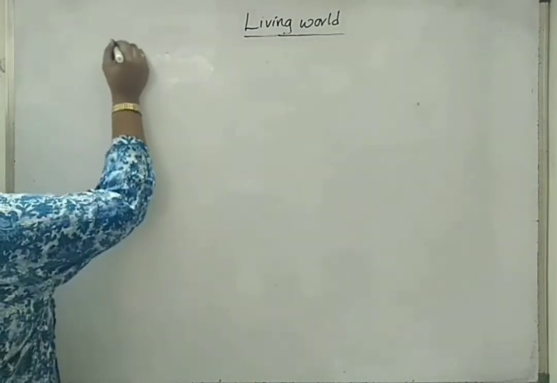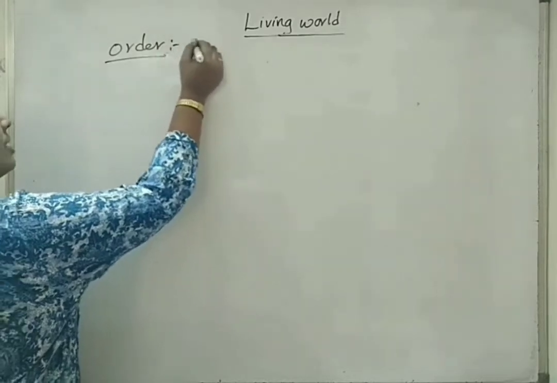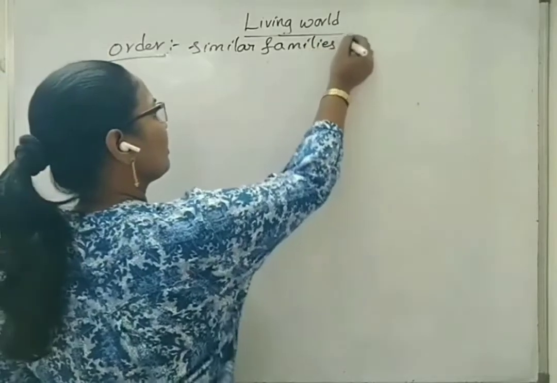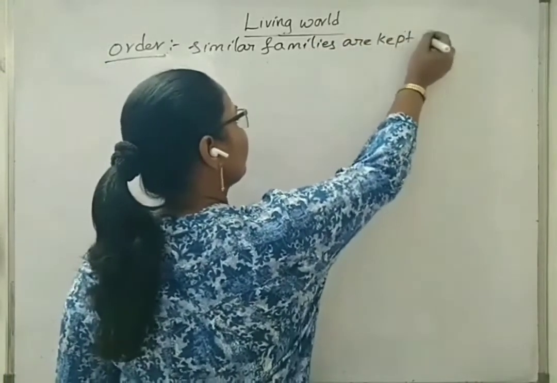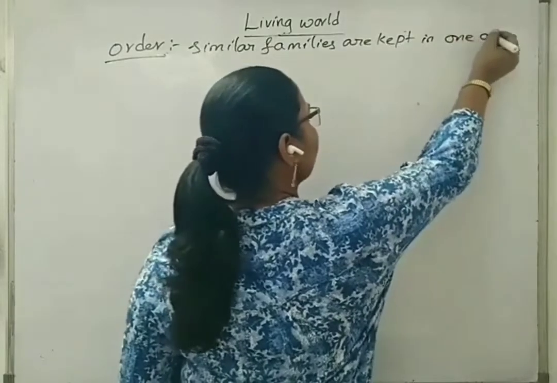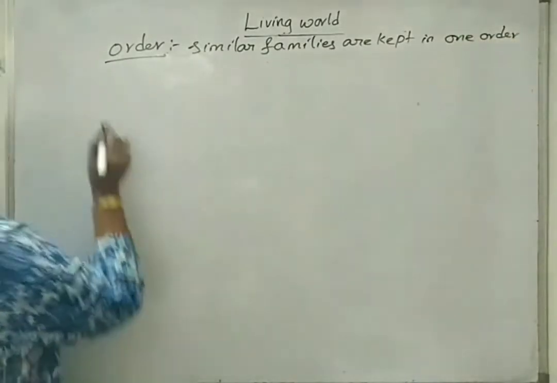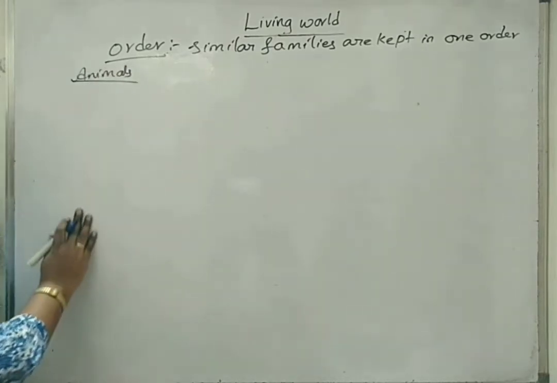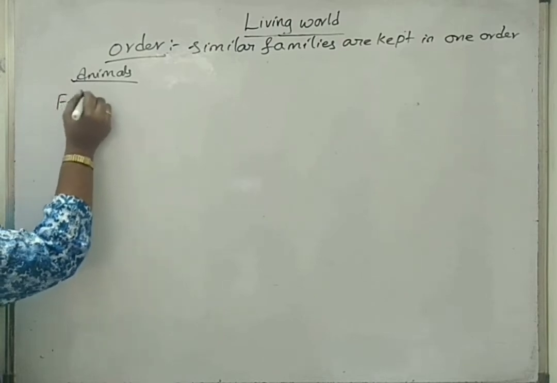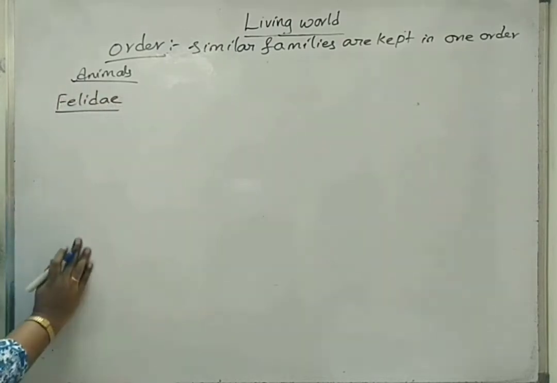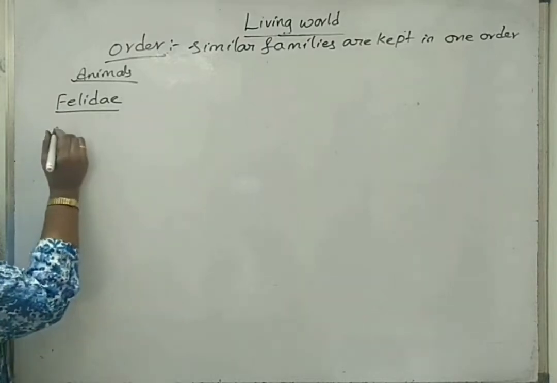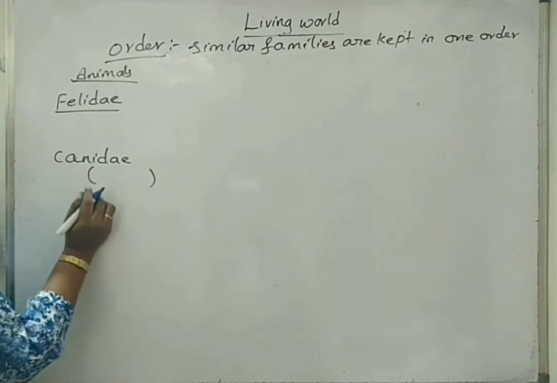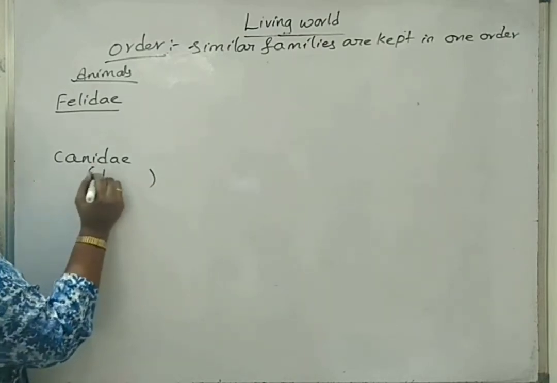Next category is order. Similar families are kept under one order. In case of animals, we will take some examples. We have seen the family Felidae, which is for both common and wild cats. Another category is Canidae, this is the family for dogs.